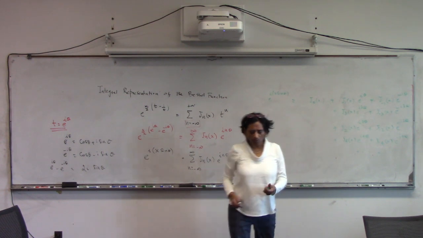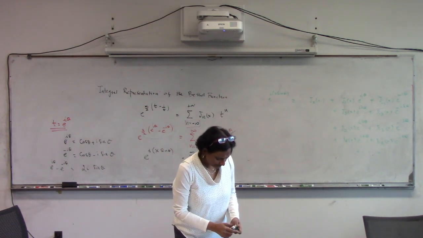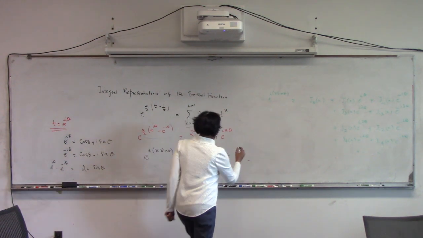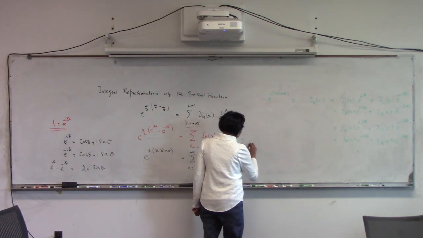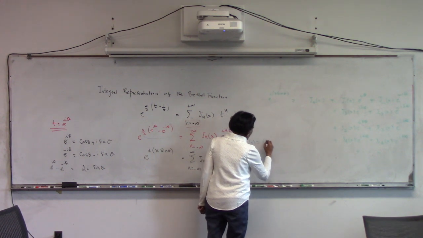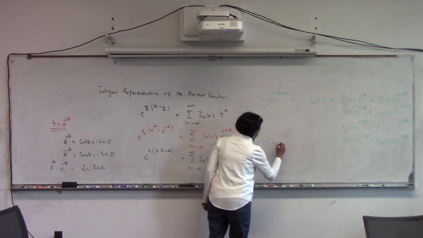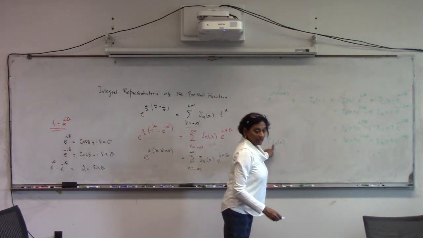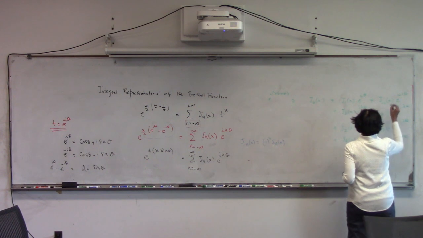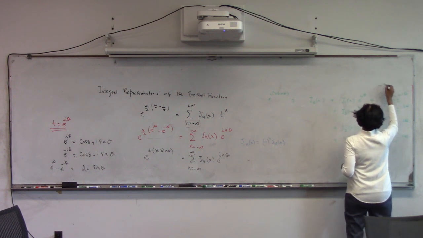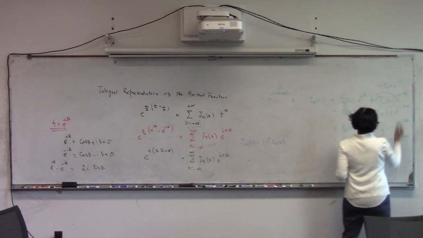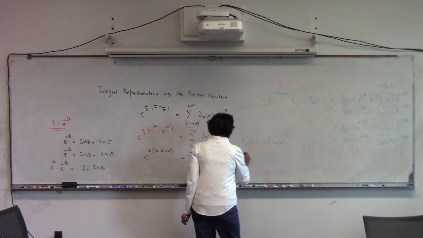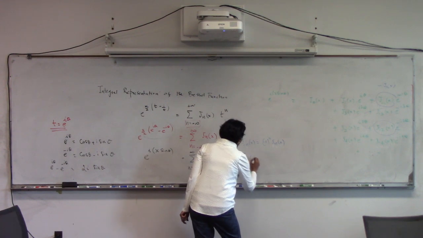Now, what do we know about J minus 1 of x? We learned that J of minus n x is negative 1 to the n times J sub n x. So that is nothing but negative of J1 x, because this term is negative J1 x. What about J of minus 2 x?